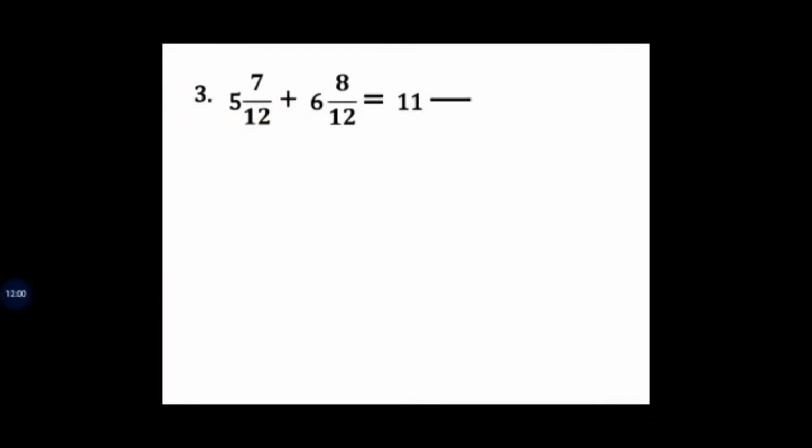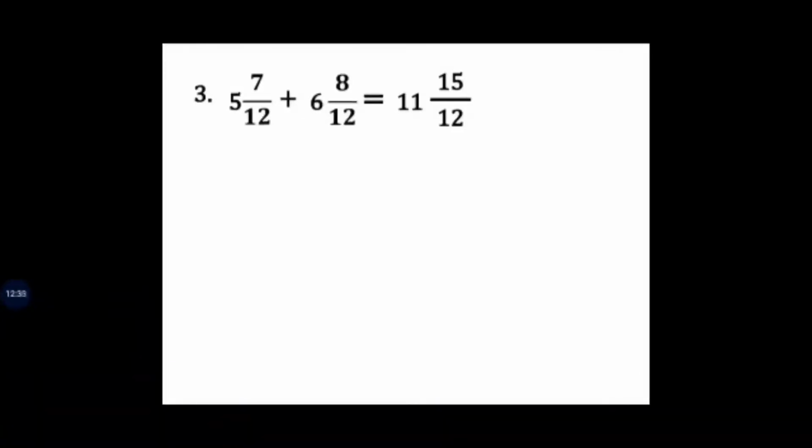Then a fraction sign. Then after that, we are going to add 7 plus 8 and it gives the sum of 15. Then copy the same denominator here. Take a look. 15 over 12 is an improper fraction. So we need to simplify.